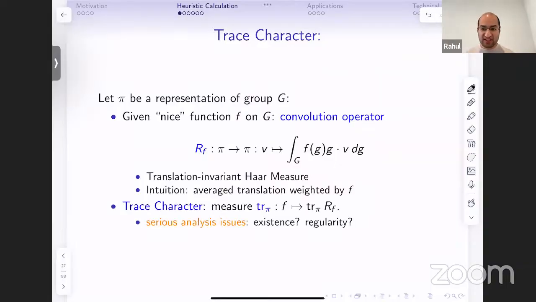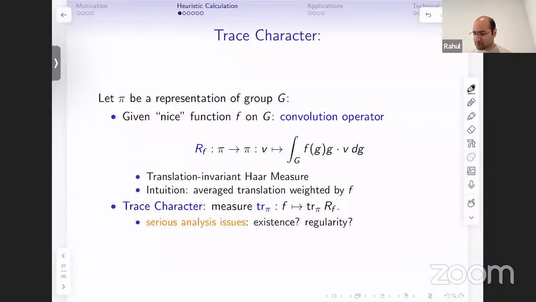So the trace character, we don't think of it as a function from the group to the complex numbers. We think of it as a complex valued measure that I'll denote by trace sub π, and that takes a function f to the trace of π of R(f). Of course, there are serious analysis issues when you write this down. You have to make sure what space of functions actually gives you something finite. Maybe you might be interested in how regular the measure is.